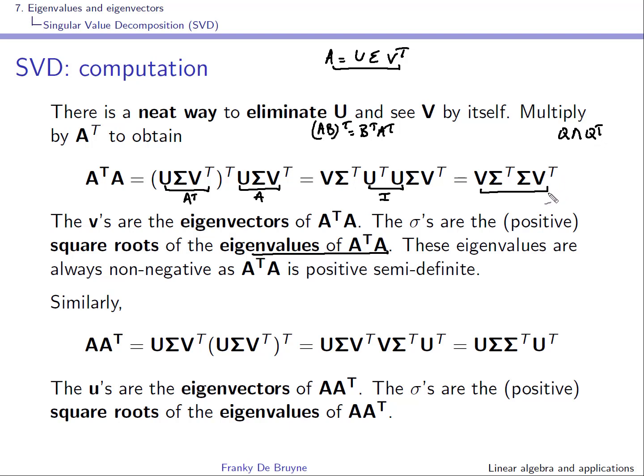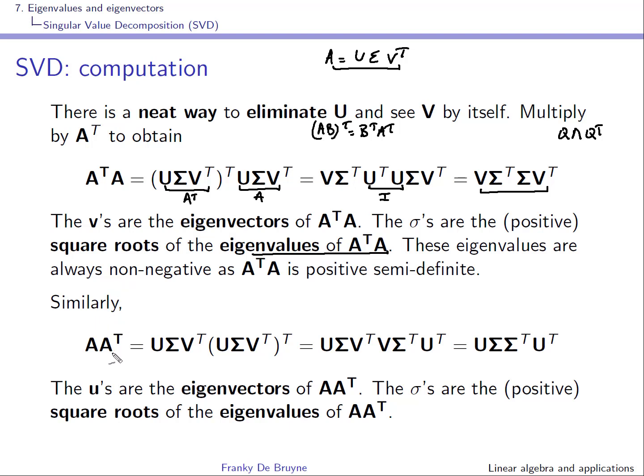So in V you have the eigenvectors of A transpose A, and in sigma you will have the square roots of the eigenvalues of A transpose A. And since A transpose A is non-negative, these eigenvalues will be positive or 0, so you can take that square root.